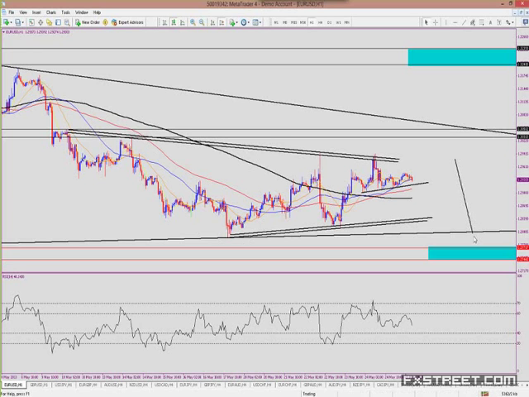I might respect that support as well and try to go long. But if that fails and the market breaks that support, I would immediately turn short. Okay, so when a level or a line becomes very important, I would be ready to go on both sides of it. Okay, I hope that's clear.